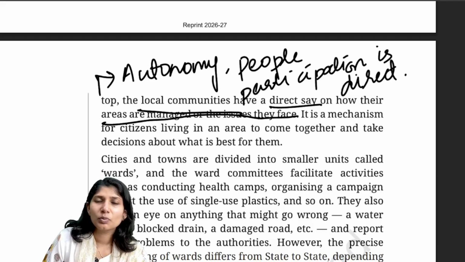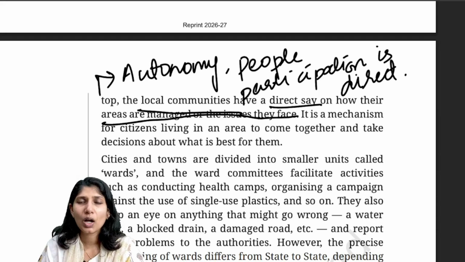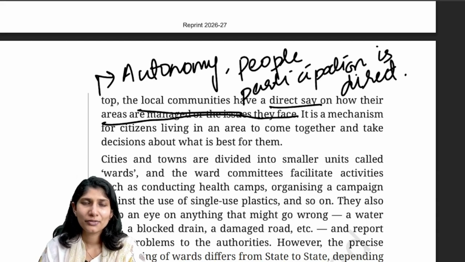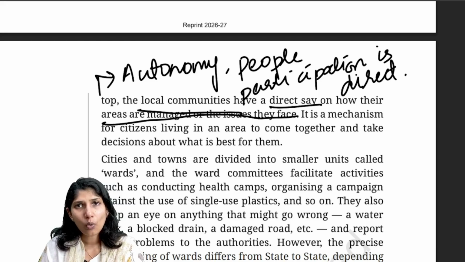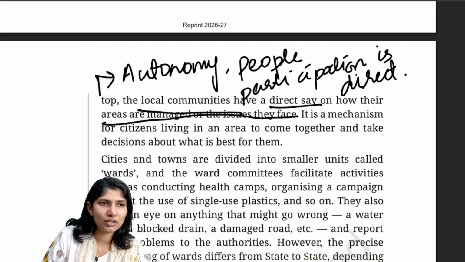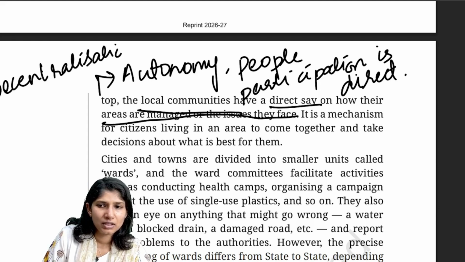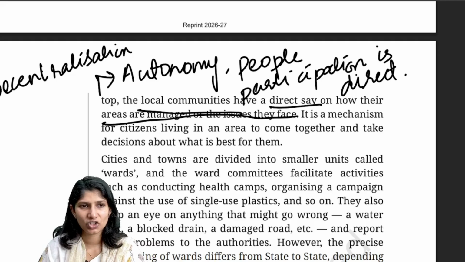Which means they are involved in how the city has to be run. So, if there is a mechanism where both the citizens and the administration come together to decide on the overall aspects, then that will lead to the concept called decentralization.